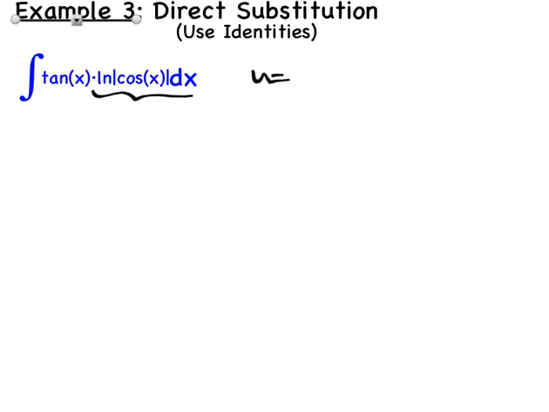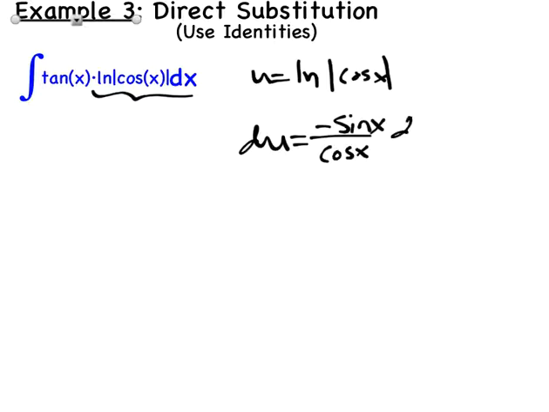So if u is equal to ln of cosine of x, then du is going to be the derivative of cosine, which is negative sine of x, over the function that's in the log, dx. Well, we see that sine over cosine is tangent. We have a negative out in front. So du is negative tangent of x dx.